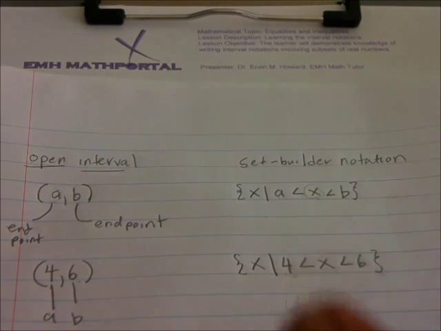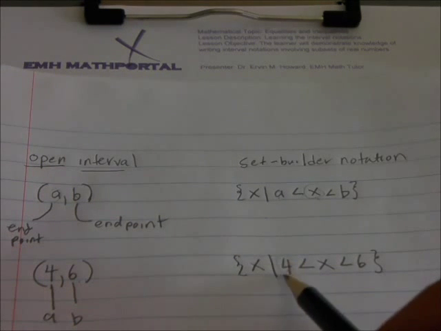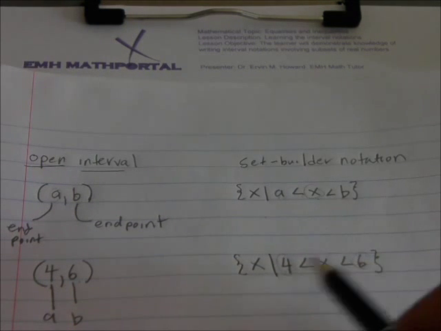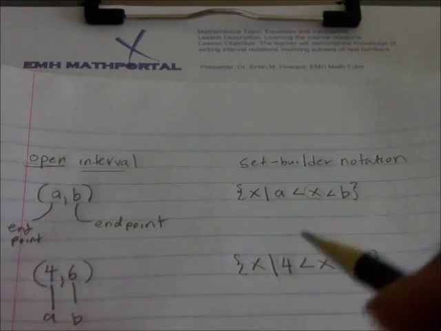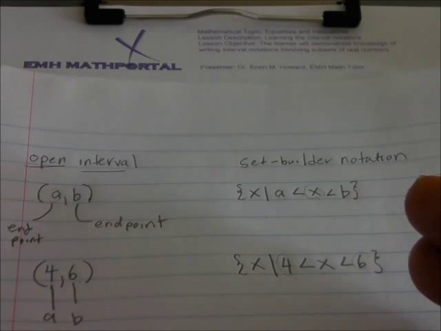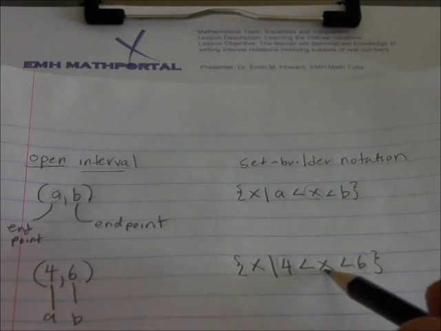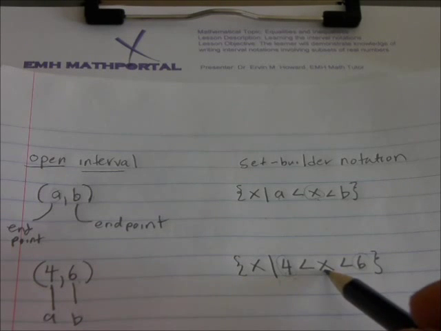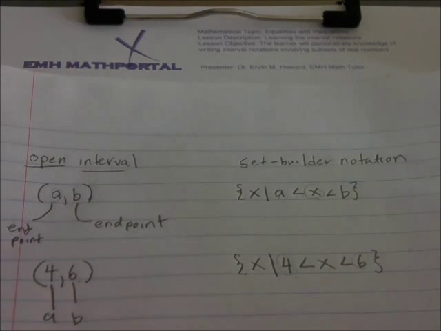Primarily it means that 4 and 6 themselves are not included, as long as whatever number is between 4 and 6 is less than.